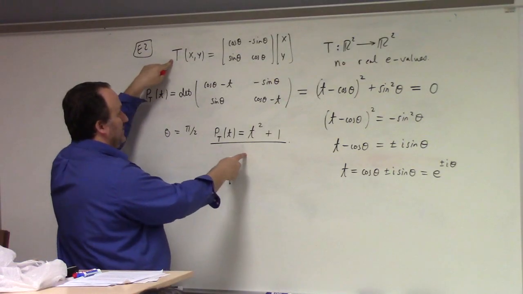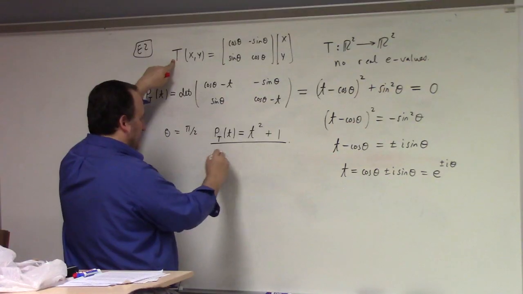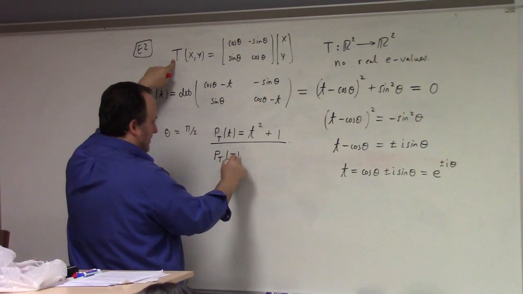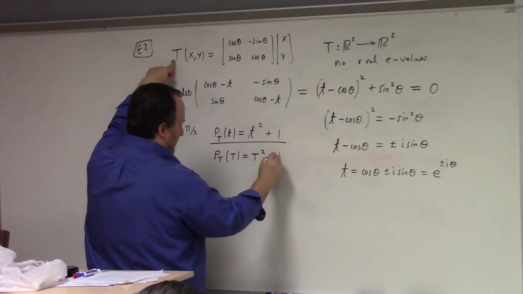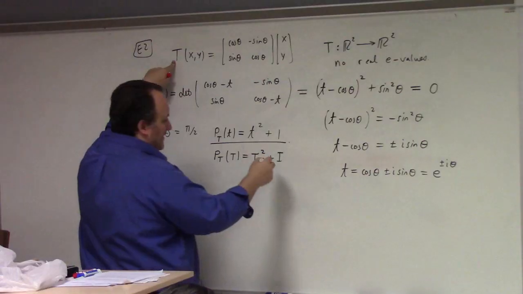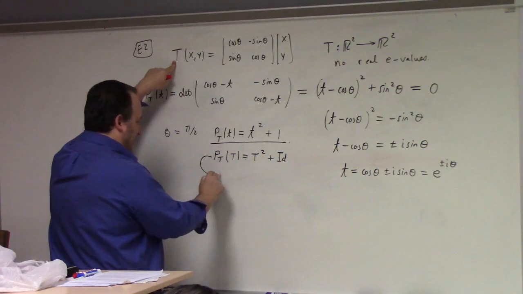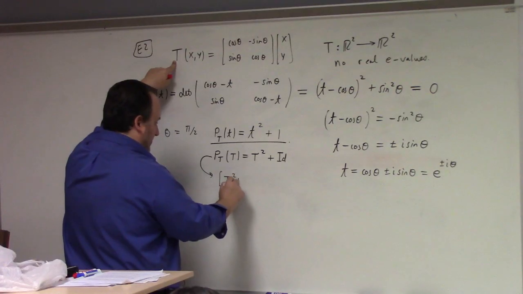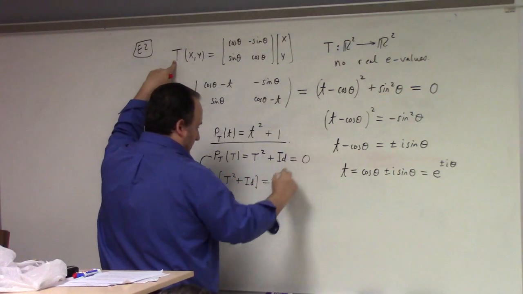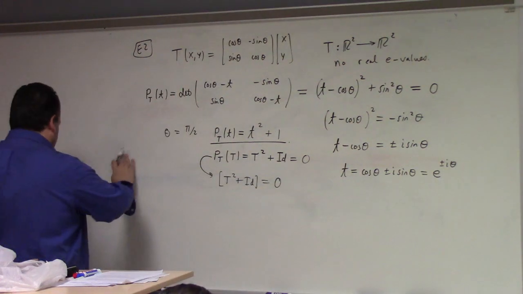So if p of t is t squared plus 1, one of the corollaries should be that the matrix of t squared plus the identity matrix is equal to the zero matrix. That's a little easier to check.